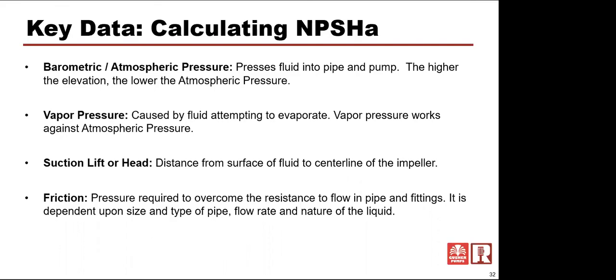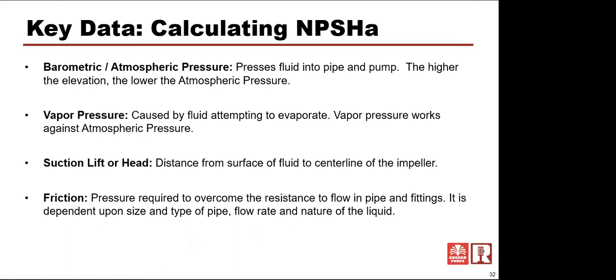And at 212 degrees, where it starts to boil, it equals that atmospheric pressure. That's what boiling is. If you're at 7,000 feet, that atmospheric pressure is going to be less, and we're going to talk a little bit about that.